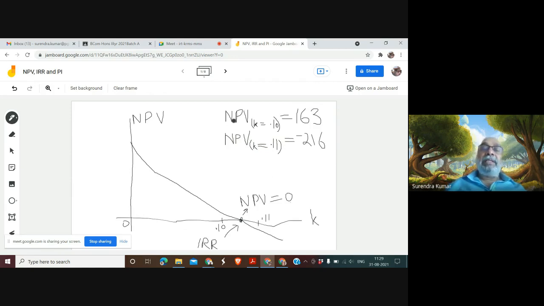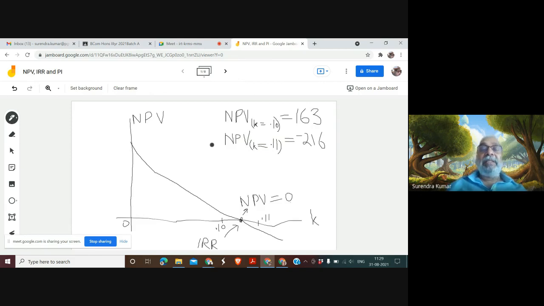So let us say, like you can see on this sheet, that I have used a value that net present value is 163 if the discount rate is 10%. Now there is the data of cash flows over different years at the back of this.